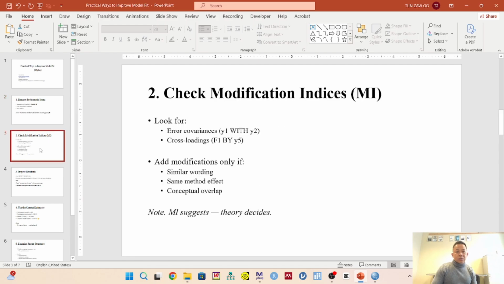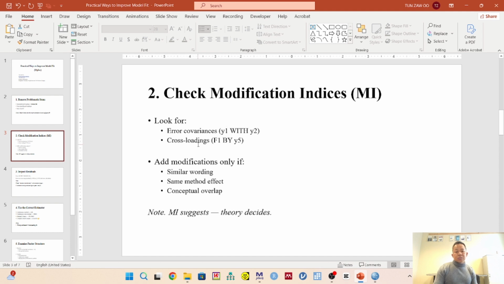The second source is that we should check the modification indices when we run an Mplus model. First of all, we need to check error covariance. For example, Y1 with Y2 means these two items are highly correlated. At that time, we need to correlate the errors within the same factor.